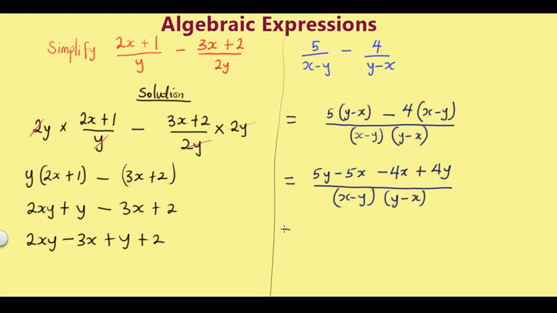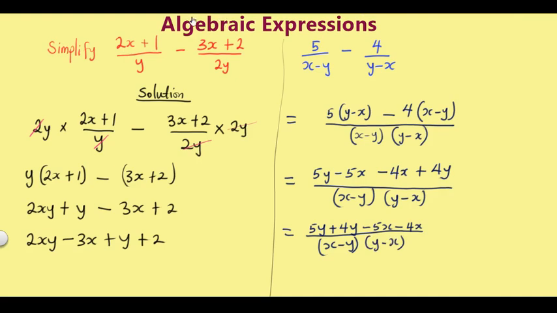Now that we have that, we can further simplify this. This now can be 5y plus 4y, here that we have minus 5x minus 4x, still divided by x minus y, y minus x.